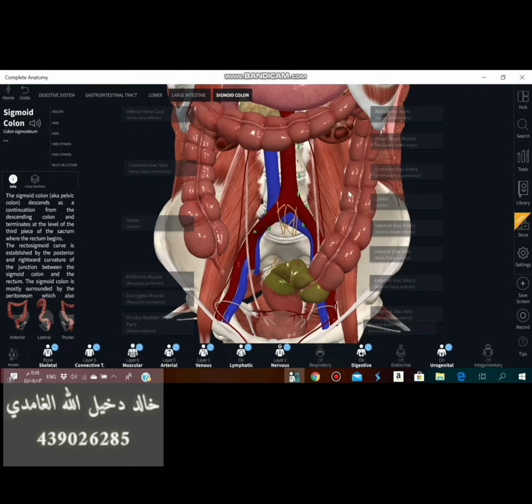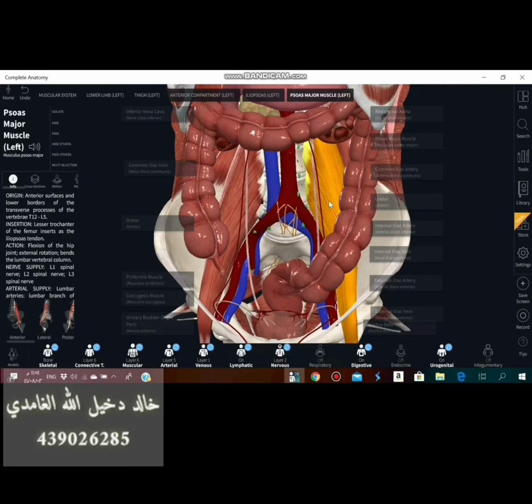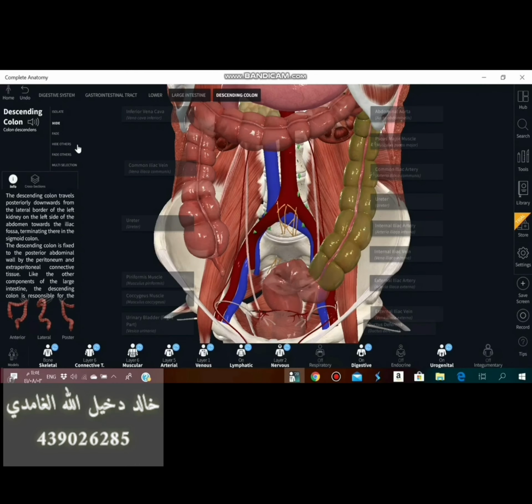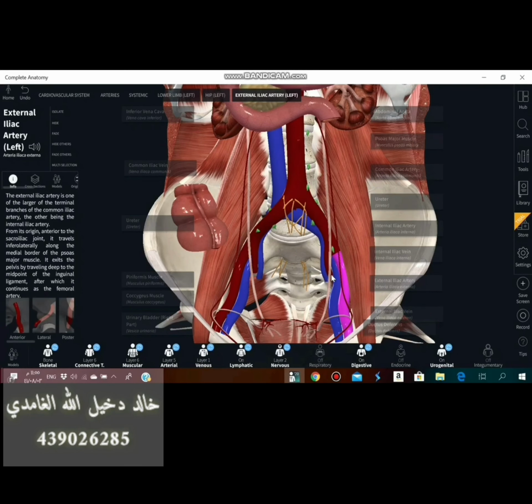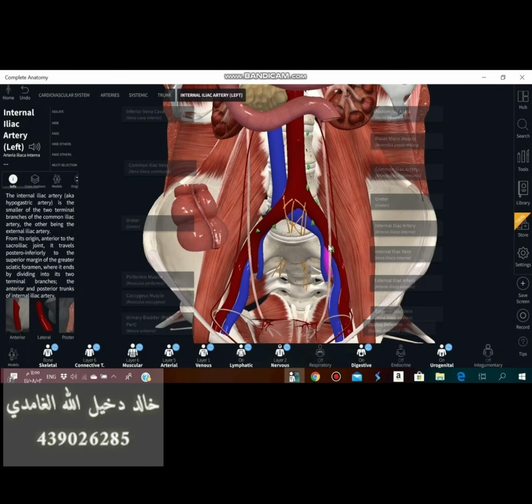From the posterior of the left ureter, we have also the left psoas muscle, and we have also the common iliac artery, with the external iliac artery and internal iliac artery. Here is the external iliac artery, and here the internal iliac artery, posterior to the left ureter.